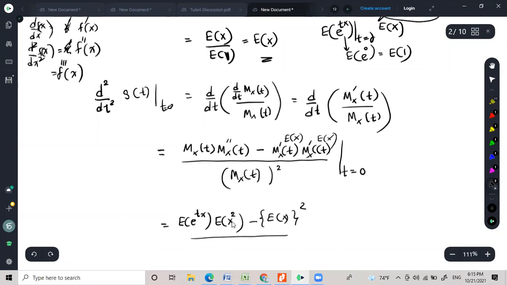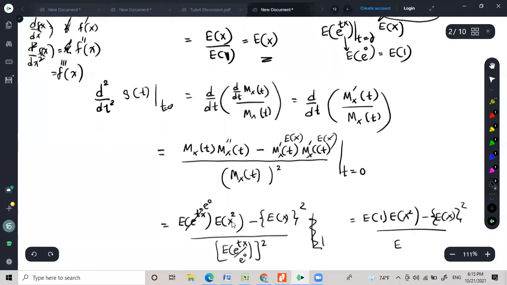And at the bottom, what do you have? Again, the expected value of e to the tX, whole thing squared. Since we set t equal to 0, this becomes e to the 0, which is 1, so E[1] is 1. So you end up with E[1] times E[X squared] minus E[X] the whole thing squared, divided by E[1] squared.